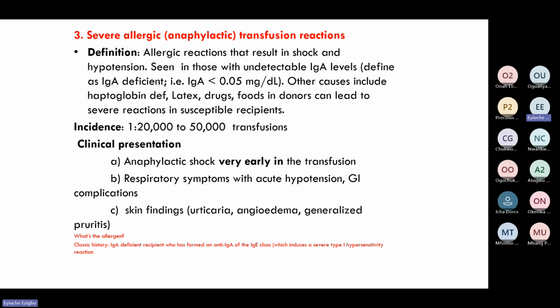The clinical presentation is anaphylactic shock very early in transfusion, respiratory symptoms with acute hypotension, GI complications. We also have skin findings of urticaria, angioedema, and generalized pruritus. So these are some of the clinical presentations for severe allergic reactions, present mostly in persons with IgA deficiency or very low IgA.